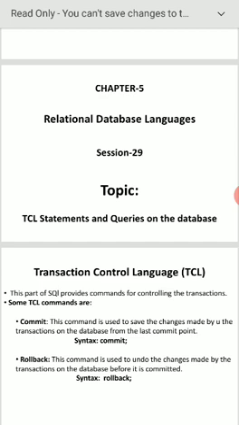Before that, I stored something here. I made some changes here. Any changes you can do. I want to store changes permanently in the database. That can be done with the help of the commit statement.